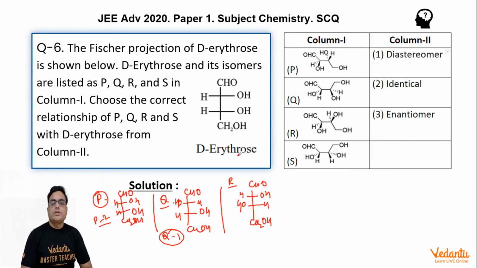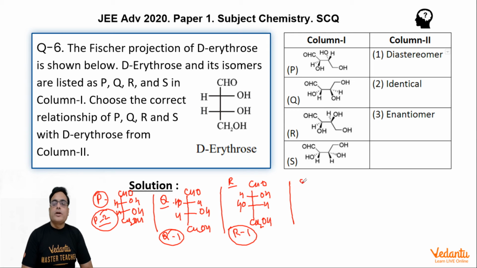So this is also neither identical nor enantiomer. So R is a diastereomer with D-erythrose, so R also will have answer 1. So P is 2, Q is 1 and R is 1.